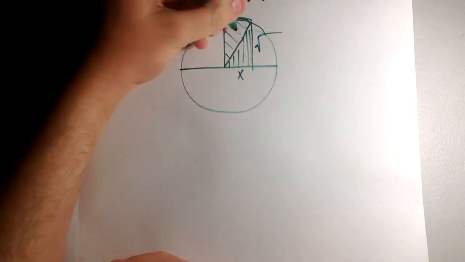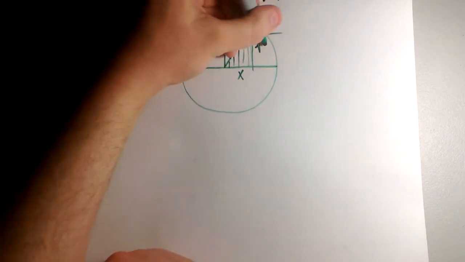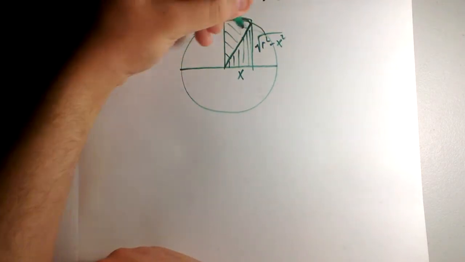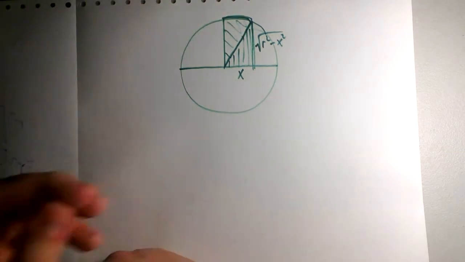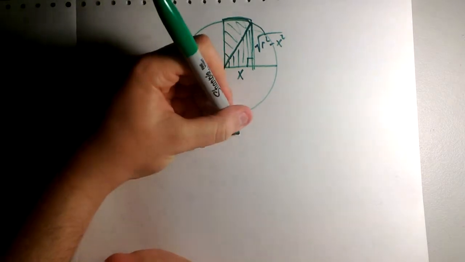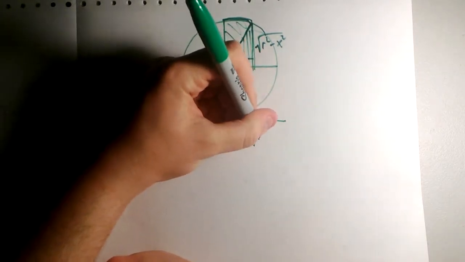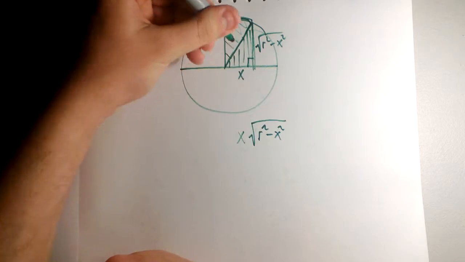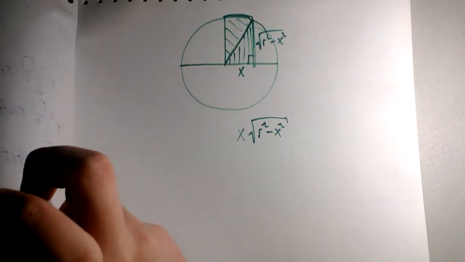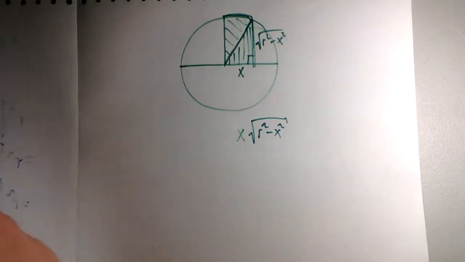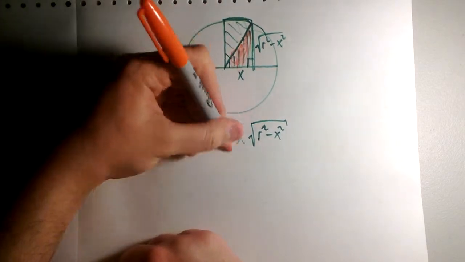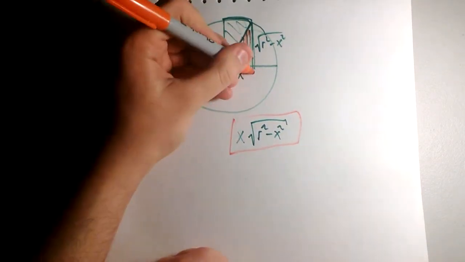If this length is r, then this part is the square root of r squared minus x squared. That is the length of this side, right? So the area of this triangle right here is x times the square root of r squared minus x squared, divided by 2 because it's a triangle, my bad. That is this piece. Let's color it clearly.